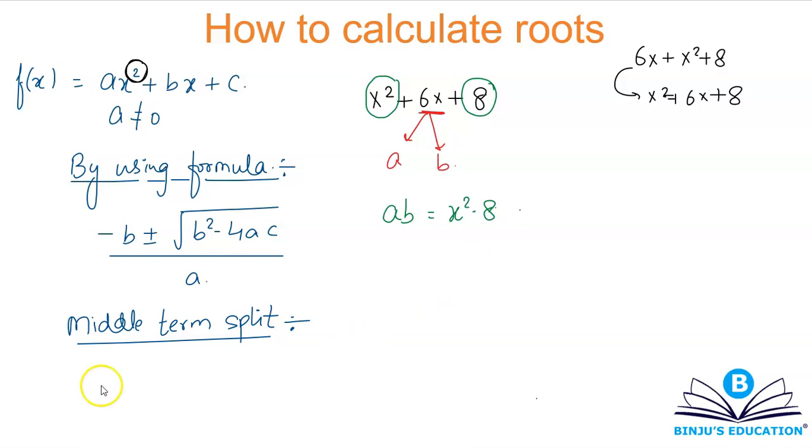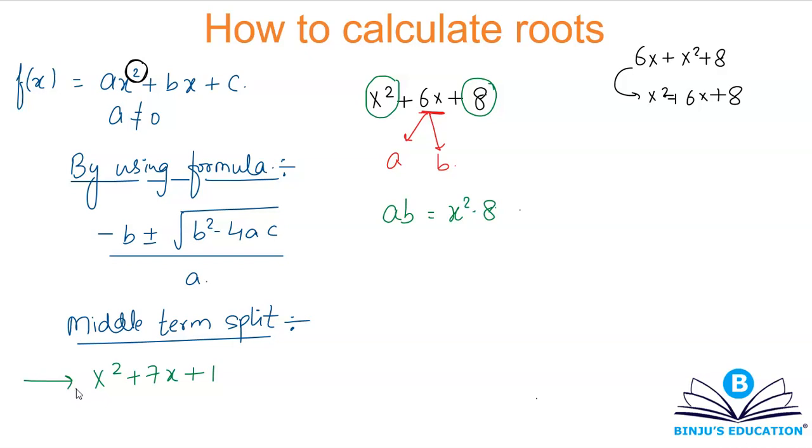For example, if I give you a question such as x square plus 7x plus 1, if I ask you to calculate roots of this function, you can't do middle term splitting in this. You can't split 7x into two parts such that the product of the two parts is equal to x square and 1. That's not gonna happen.